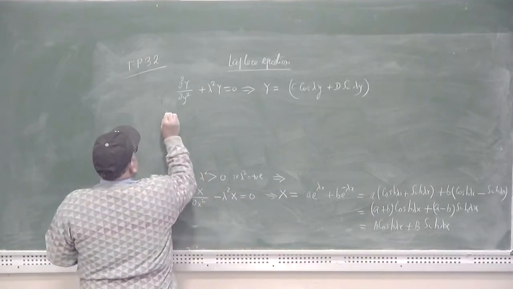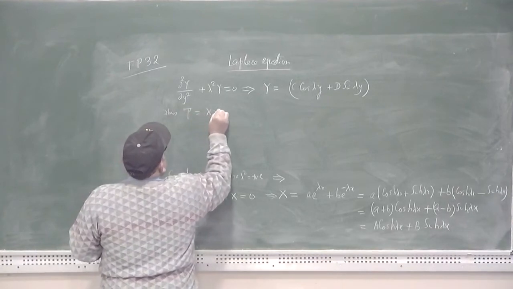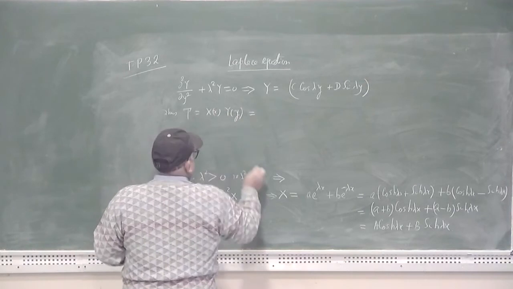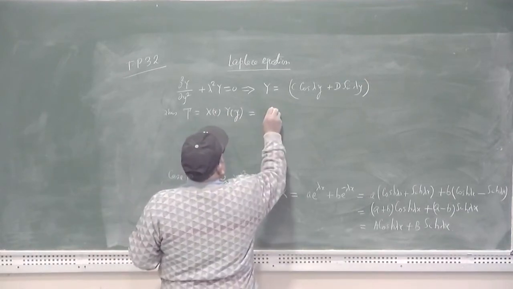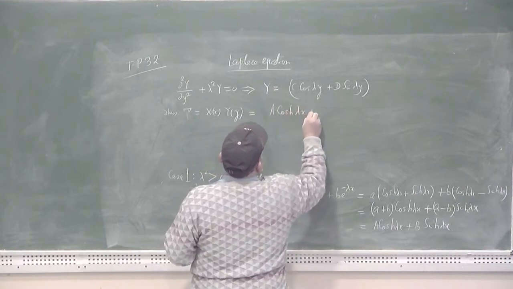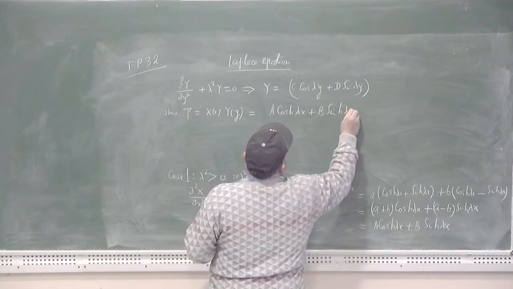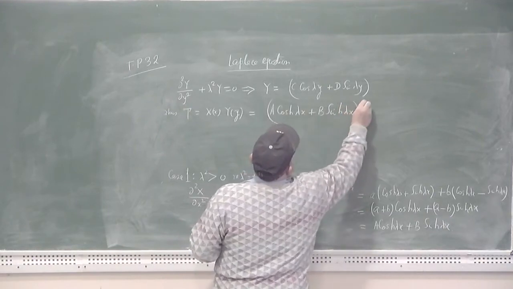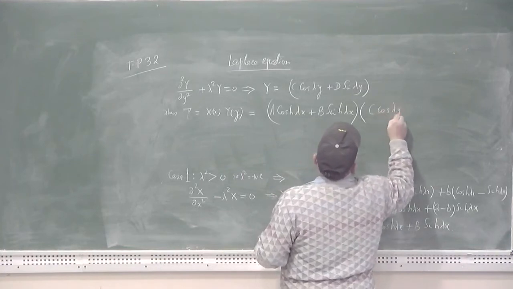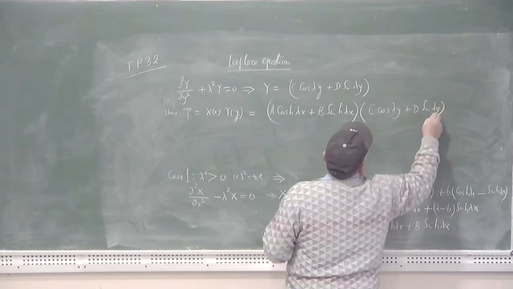Thus the solution T will arrive as (A cosh lambda x plus B sinh lambda x) into (C cos lambda y plus D sin lambda y).